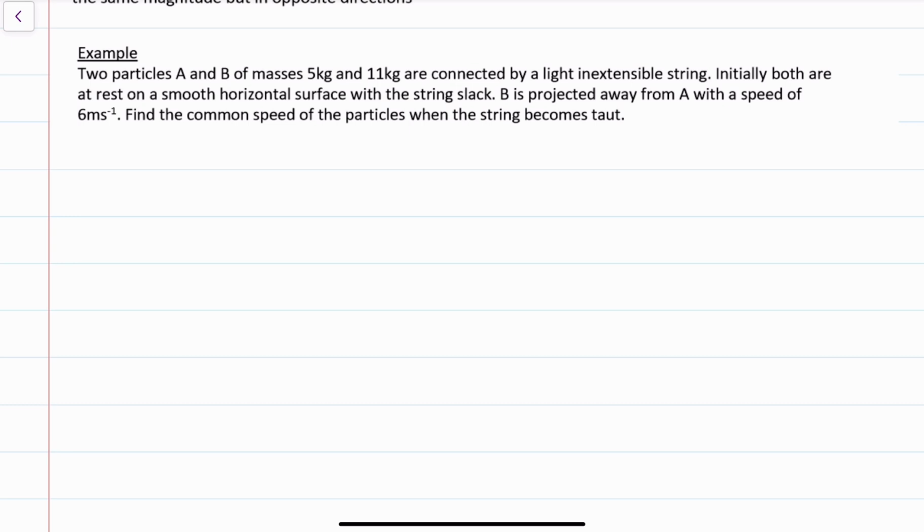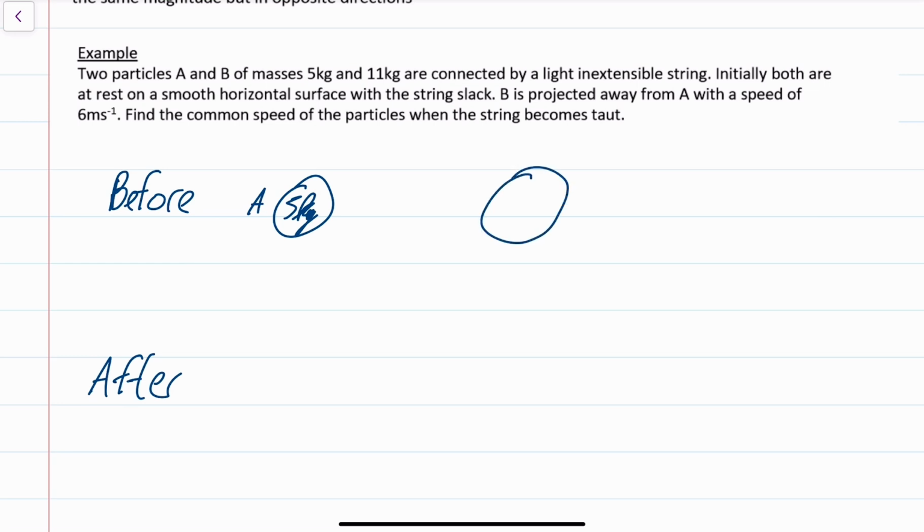Okay, right. We're going to say before. So this is before it becomes taut, and then after. So you've got your A, and it was, I'll just write it in here, 5 kilograms. And then you've got your B, and it was a bigger one, it was 11 kilograms.